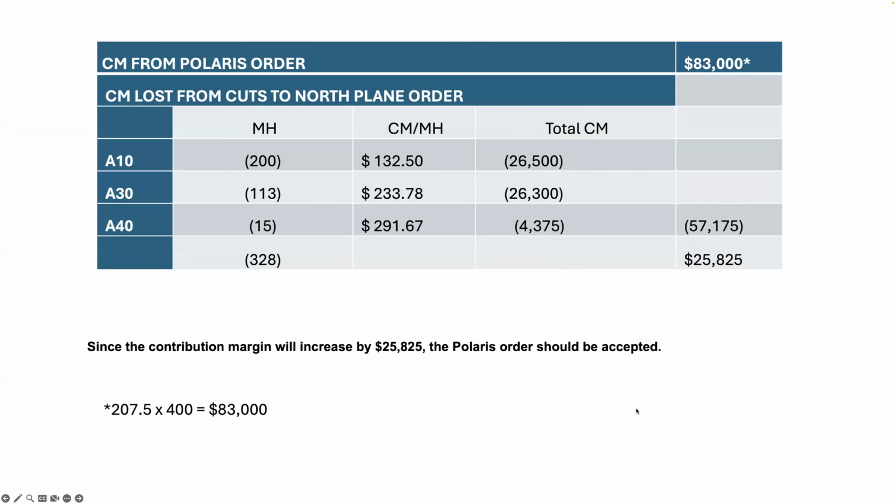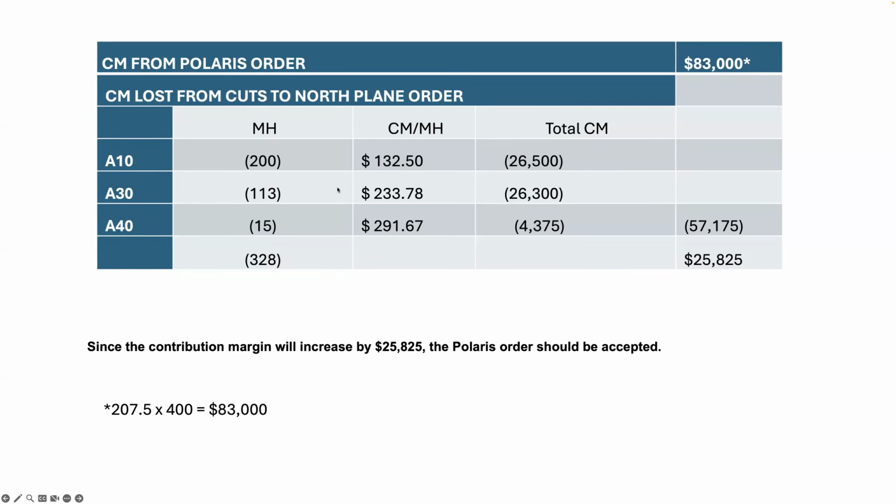Let's take a look. I'm going to reduce 200 hours on A10, 113 hours on A30, because it's 112.5 but it makes sense to use a full hour, and 15 hours reduction for A40.